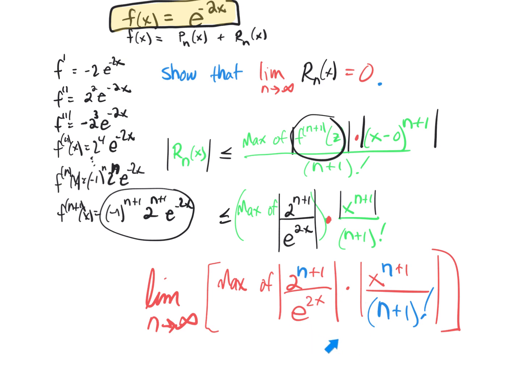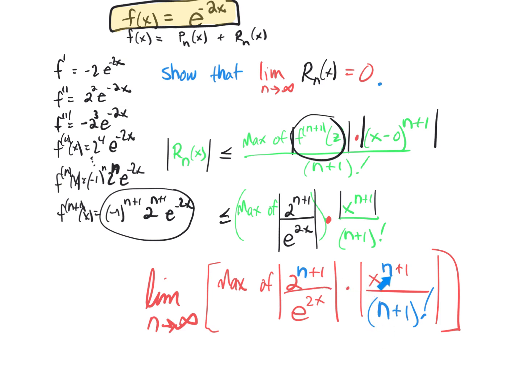is this expression. But remember that x is fixed, so we have e to a fixed power, a fixed base to a power of n plus 1, and a fixed base to a power of n plus 1. So the only thing that's changing then is n, the exponents, and this base here.